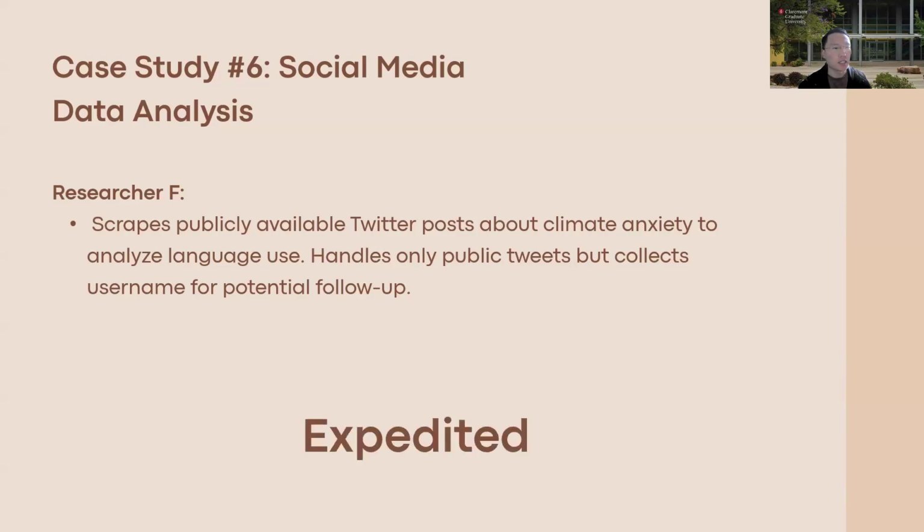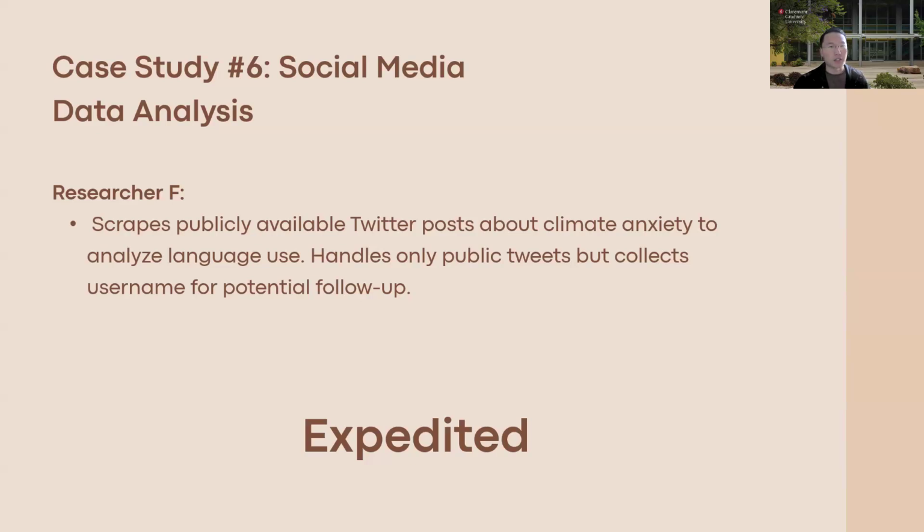I put expedited here only because one Twitter post isn't identifiable, but if you have multiple posts, a history of a certain individual's posts, people actually disclose a lot about themselves on social media.